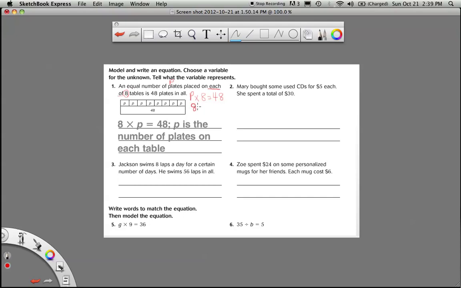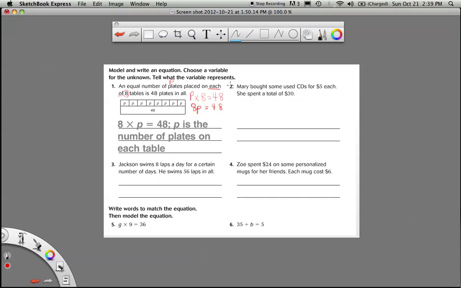So it can say 8 times P, or remember that X that means multiply sometimes looks like a variable, so you could just do 8P equals 48. So they drew P 8 times, 1, 2, 3, 4, 5, 6, 7, 8, and all that together would equal 48.